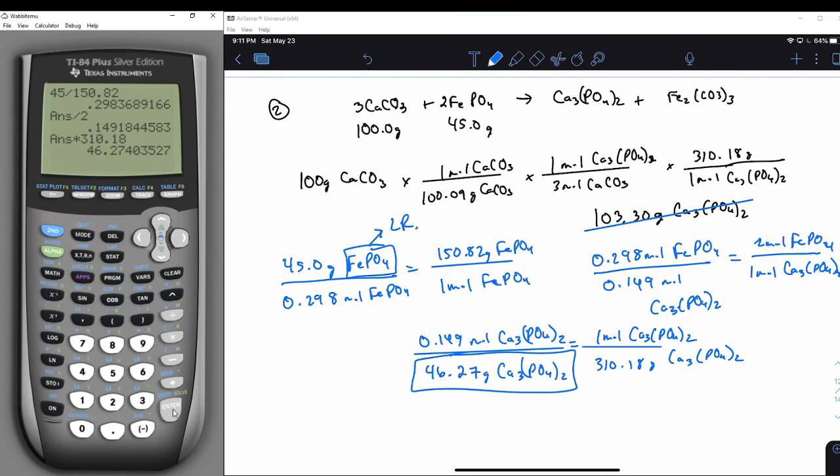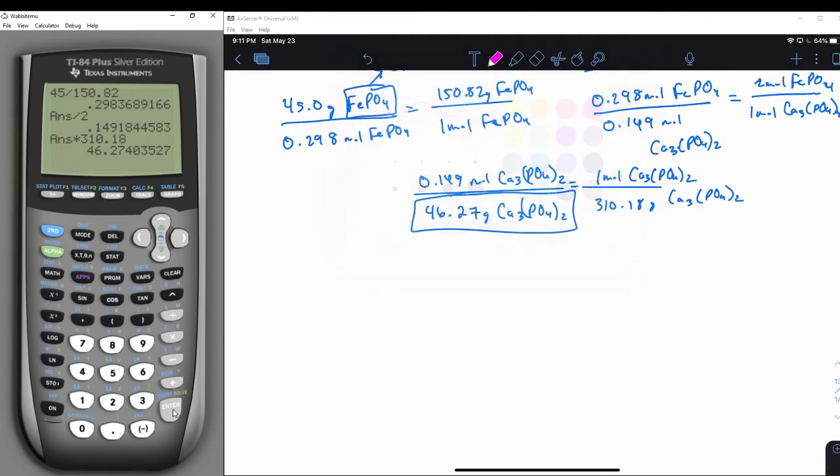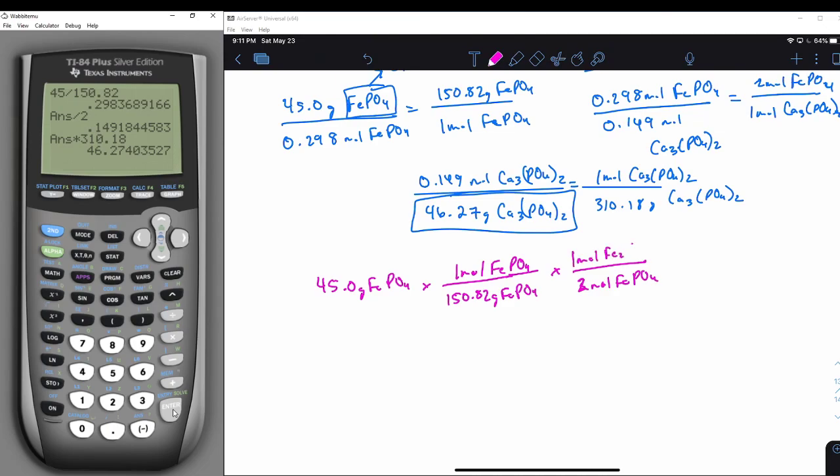Okay. So now that we know the amount of Ca3PO42, we can now take the 45 grams of FePO4 and convert it to Fe2CO33. And so here we will take 45.0 grams of FePO4, and it's 150.82 grams of FePO4 is 1 mole of FePO4. Well, it is 2 moles of FePO4 to 1 mole of Fe2CO33.